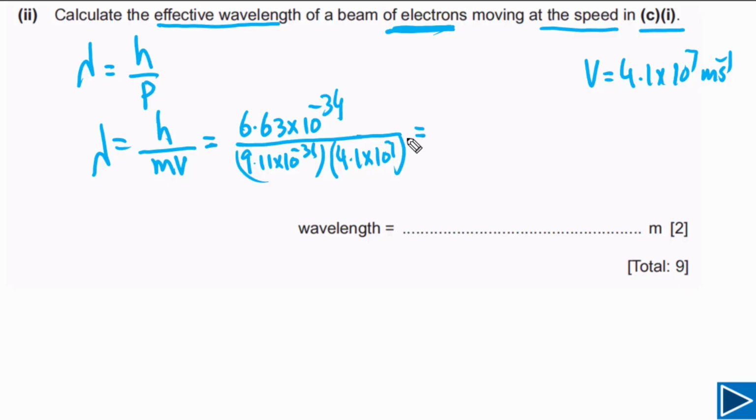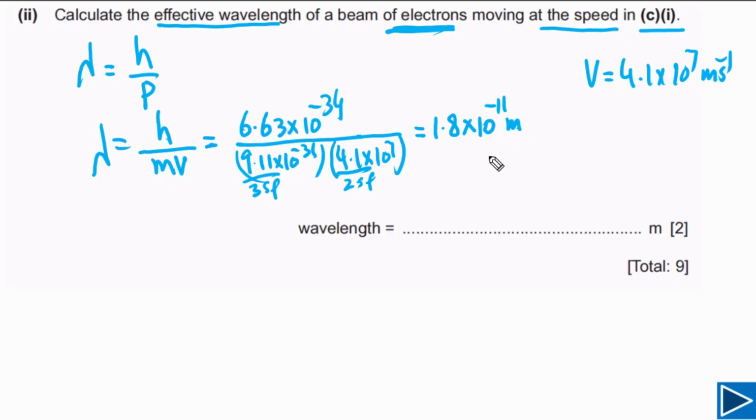If we simplify this, you see we have 3SF here, 2SF here, and 3SF here. In our final answer, we have to use the least number of SF, so we will be using 2SF. Our final answer will be 1.8 times 10 to negative 11 meters.